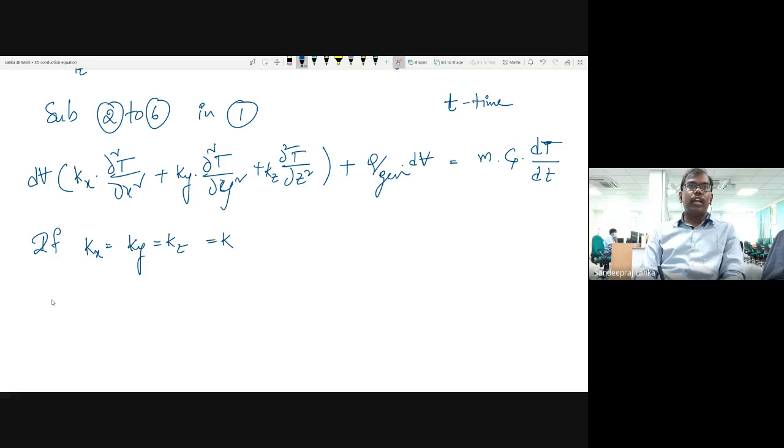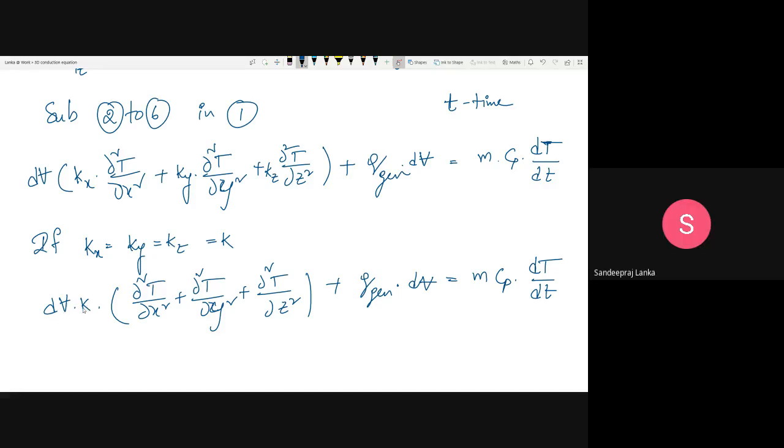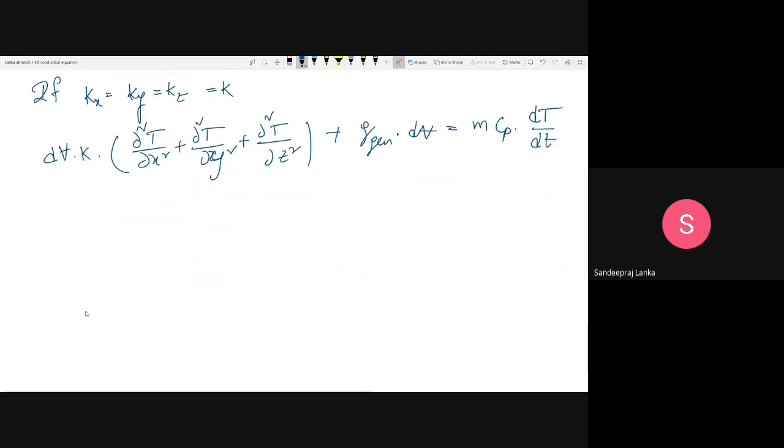So what I get is dv into k into dou square t by dou x square plus dou square t by dou y square plus dou square t by dou z square, plus q gen into dv, is equal to m cp dt by d small t. Now you can see that dv is common on this side, so k is also common.